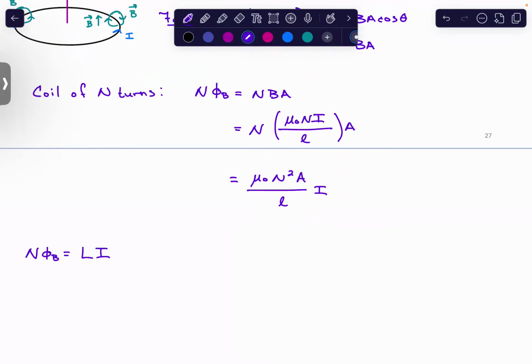And then, of course, your L is either going to be that, that's one equation for inductance. That's your other equation for inductance.